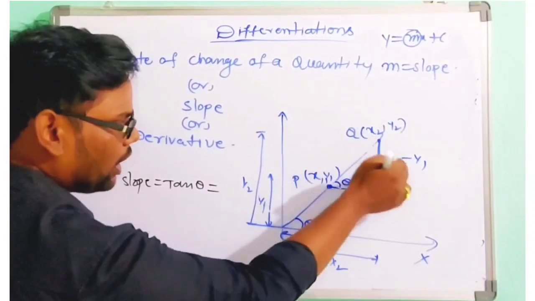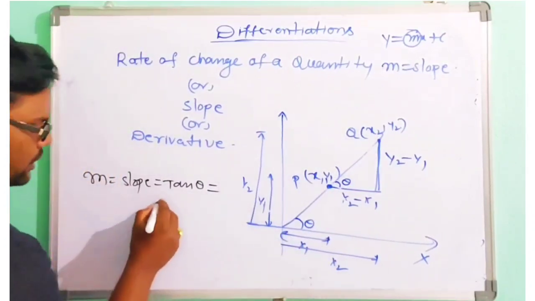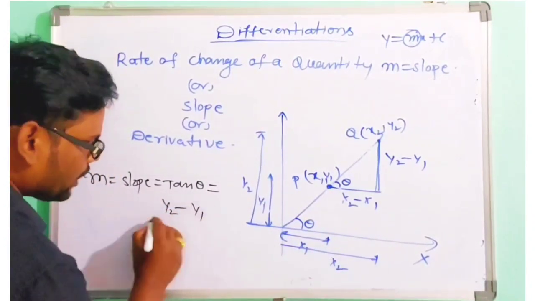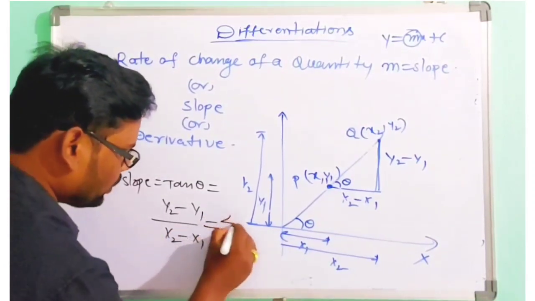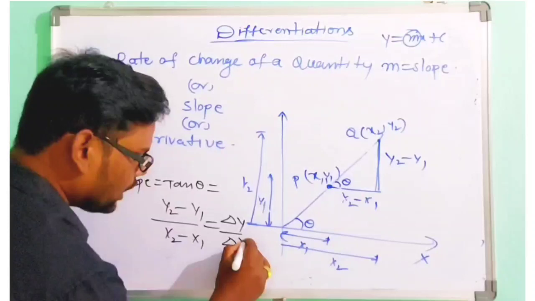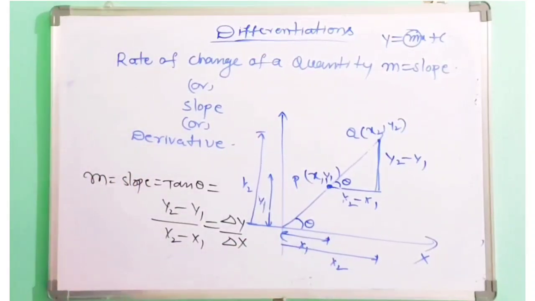From this triangle, opposite by adjacent equals y2 minus y1 by x2 minus x1, and we can write it as delta y by delta x.